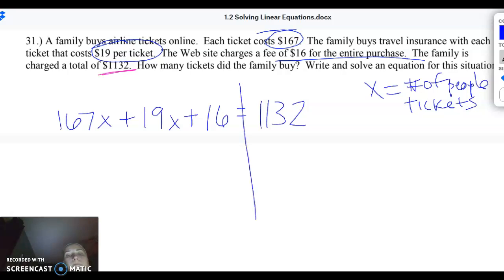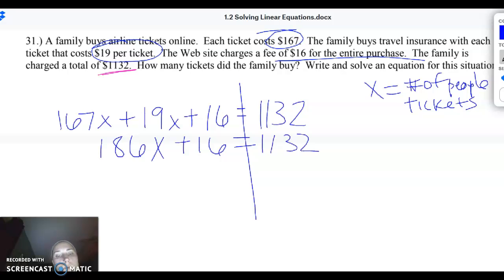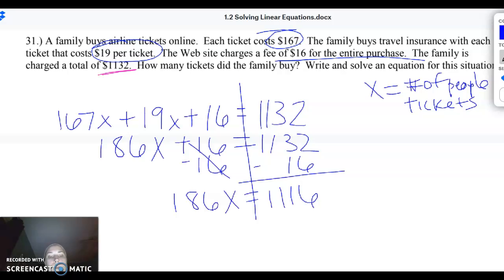So to solve from there, we're going to combine like terms. So 167 plus 19 gives us 186x plus 16 equals 1,132. When we subtract 16, we get 1,116 is equal to 186x.